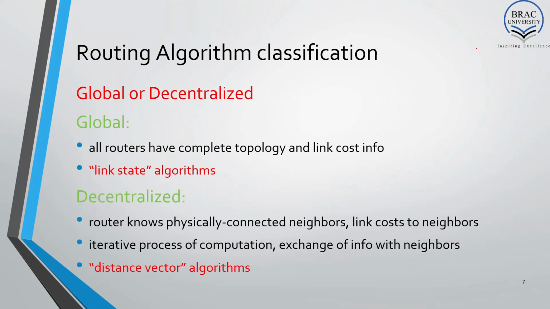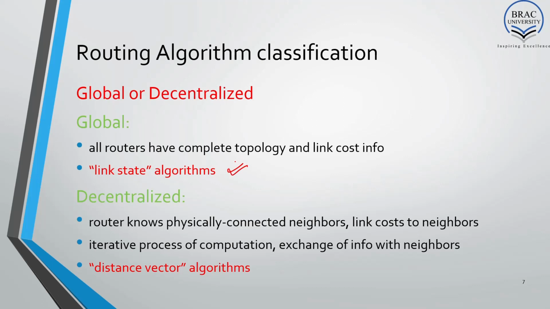There are two types of classification of this routing algorithm. One is global and another one is local. Global means that in the autonomous system, all the routers have the complete information of the topology. That means every router in one autonomous system, inside one intra-domain, has knowledge of the whole network or whole topology. That idea is used in the link state algorithm.